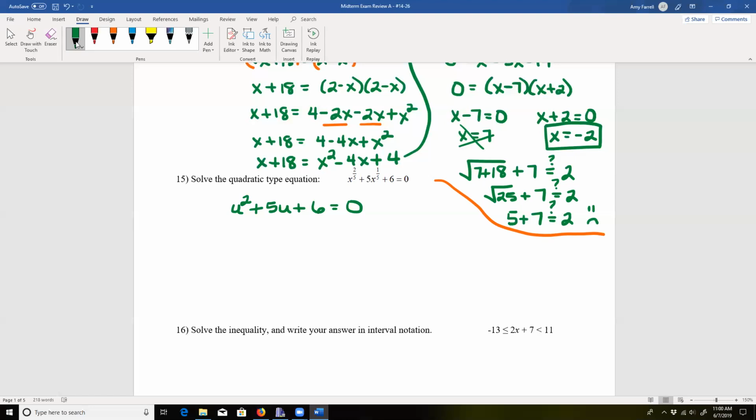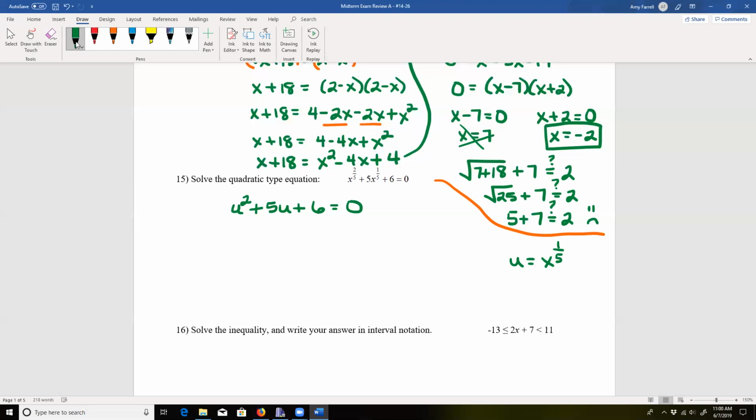So notice that what I picked for u is x to the 1/5. So I'm letting u be x to the 1/5 power. And then for u squared, I picked x to the 2/5.